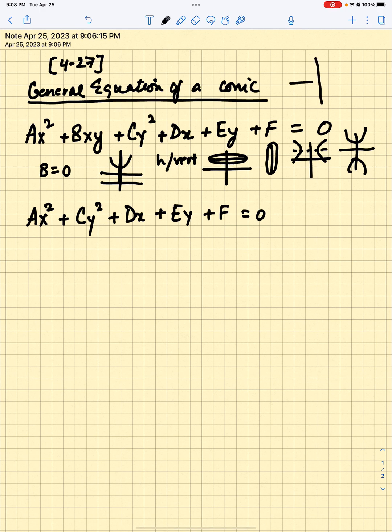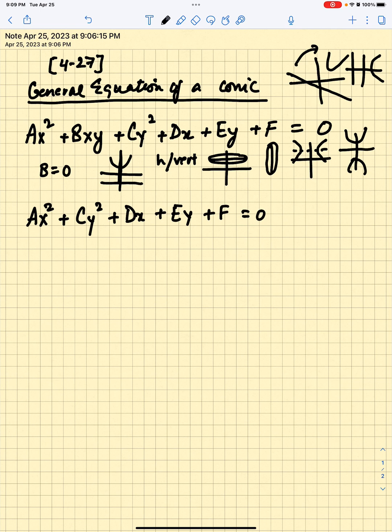We have not looked at it, but the xy term deals with any conic at any angle. So it could be a parabola that is tilted, and the directrix is therefore a slanted line. We have not dealt with this case, and we're not going to do it here, but maybe at the end of the semester, if you have time, we can rotate the axes so that it becomes a form where we can use one of our equations.